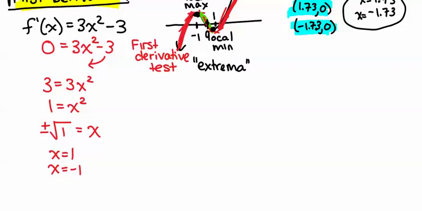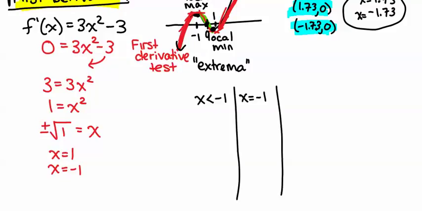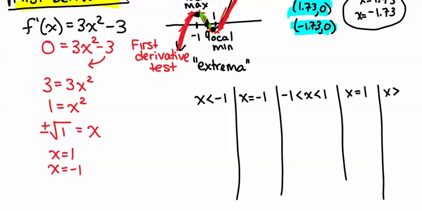So I'm going to do what's happening when x is less than negative 1, when x is negative 1, when x is between negative 1 and 1, when x is 1, and when x is greater than 1. So I'm just making this table, think of it like my x-axis, and I'm just sketching out what my graph's going to look like.